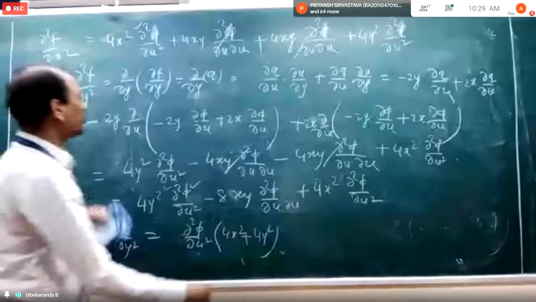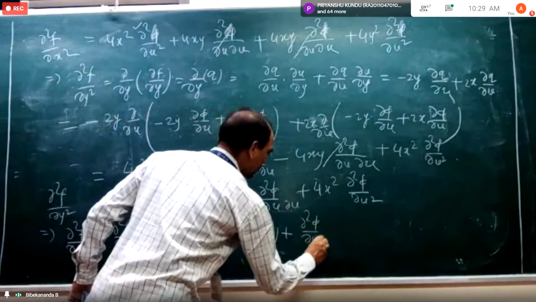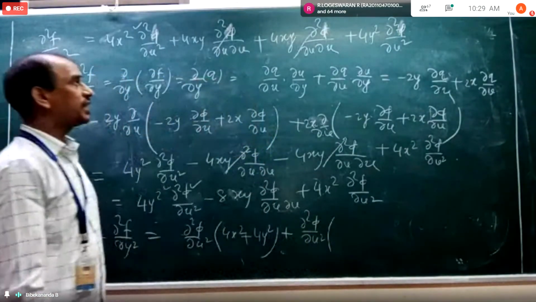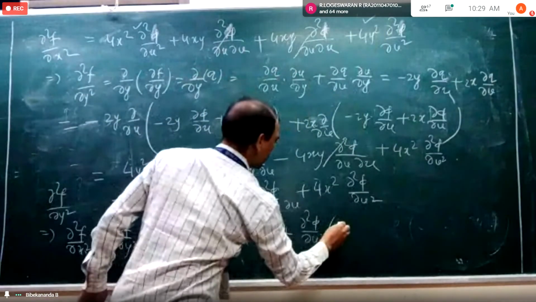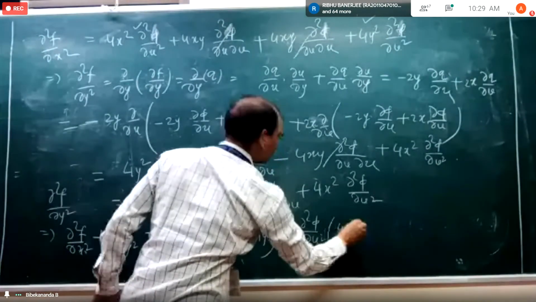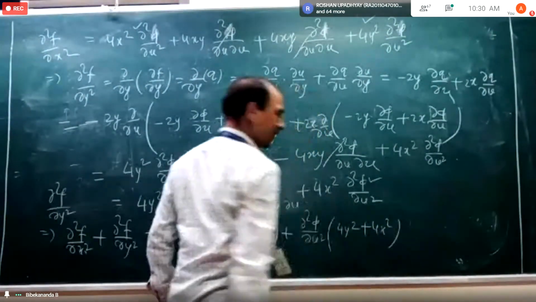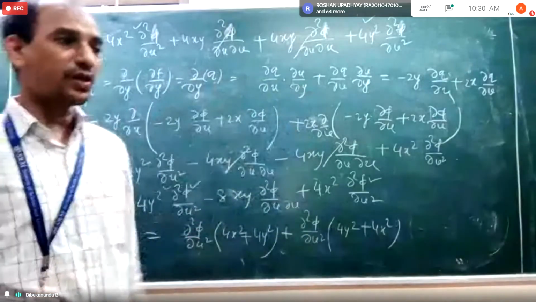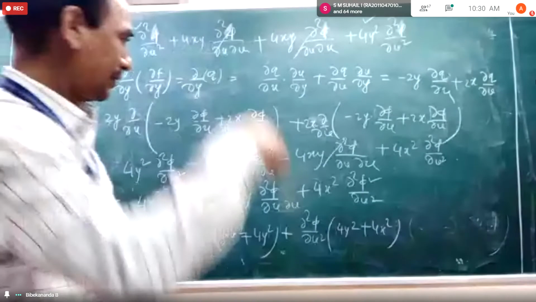Okay. Then what is the next term? If I take ∂²φ/∂v² common, what is the remaining term? From here it is 4y², and from here it is 4x². Now again, in between these two terms, what is the common? 4, sir. 4x² plus 4y².